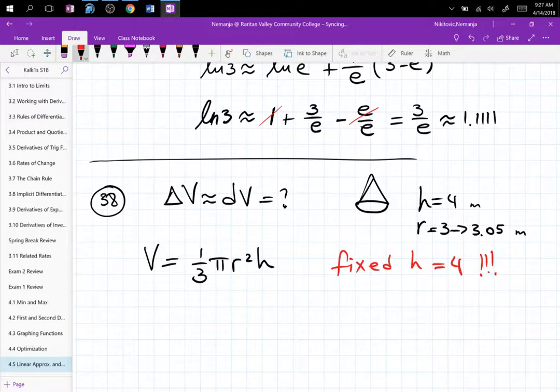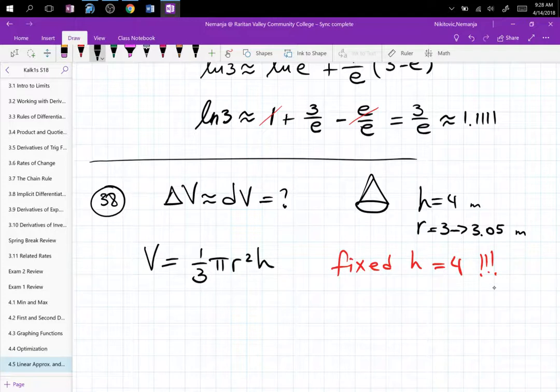Now, we create a Calc 1 problem by simply fixing either the radius or the height, and then we don't have to worry about total differential. So the only variable that is changing here is r. When we take the derivative, we are taking it with respect to r, and we can just plug h in.